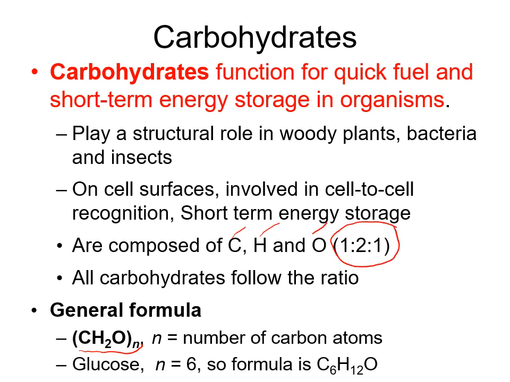For example, the chemical formula of glucose is C6H12O6. So you can see that glucose also follows the generic formula CnH2nOn.